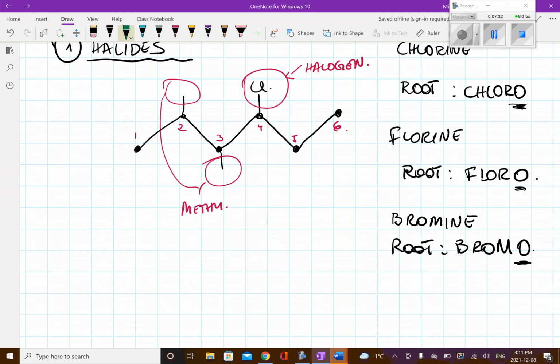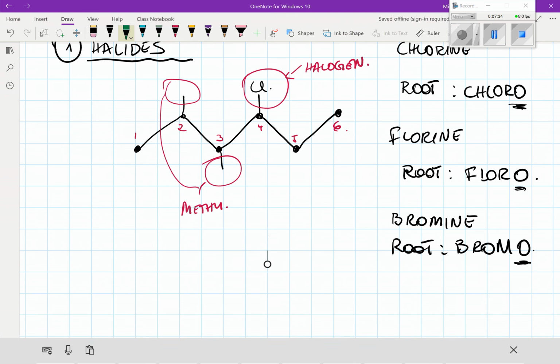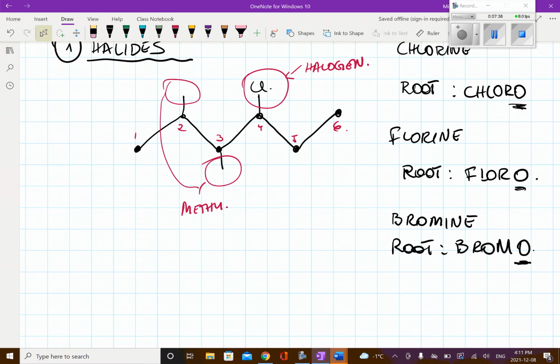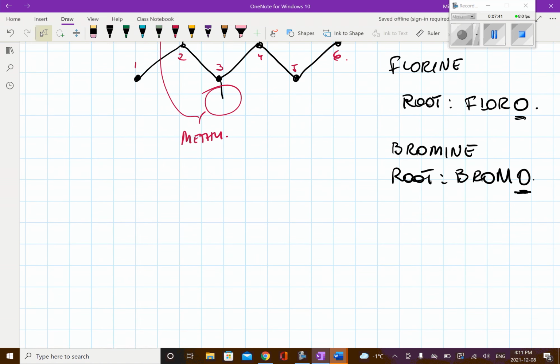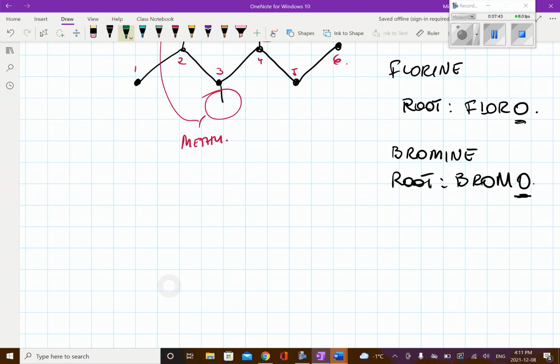When we are naming it, chlorine comes before methyl alphabetically, C before M, so we'll name it with chlorine on the 4th place: 4-chloro. So this is what I meant by adding an ending O. And then on locations 2 and 3, we have dimethyl. Why di? Because we have 2 methyl groups. Then hexane.